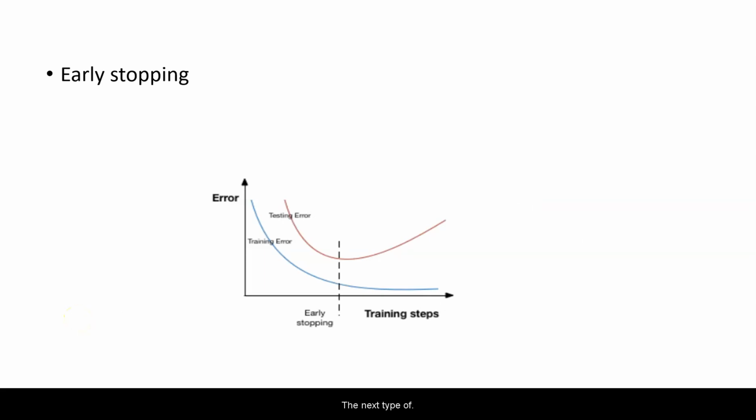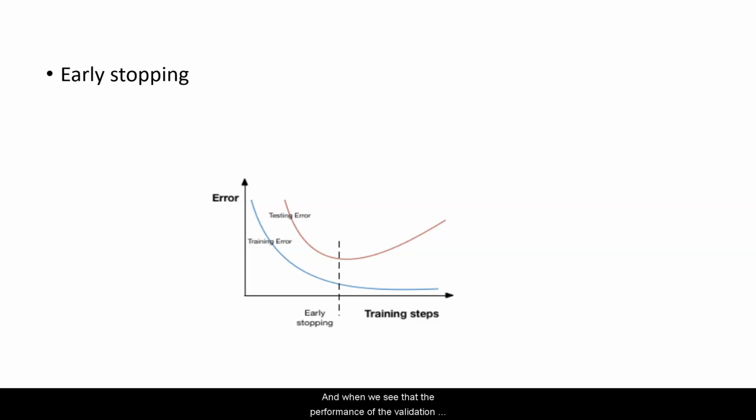The next method for preventing overfitting is called early stopping. Early stopping is a method which is used in machine learning architectures as well as in neural network architectures. It is a kind of cross-validation strategy where we keep one part of our training set as a validation set.